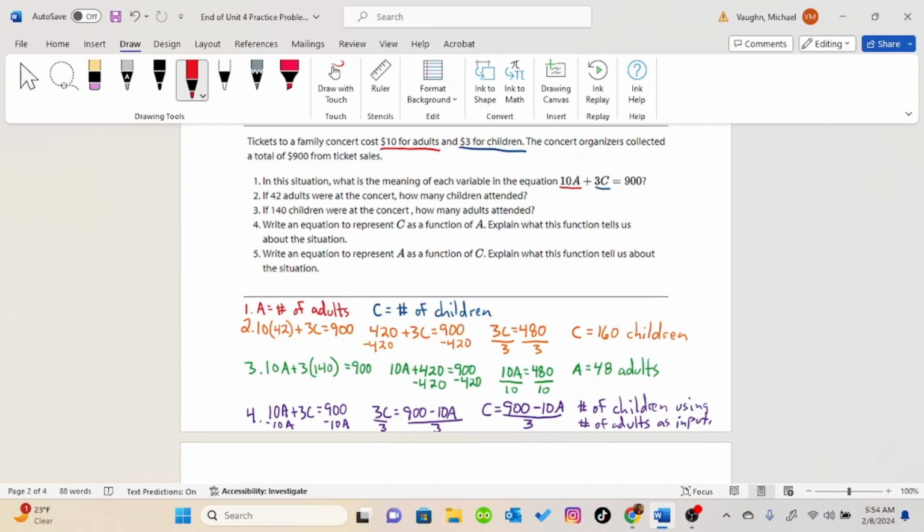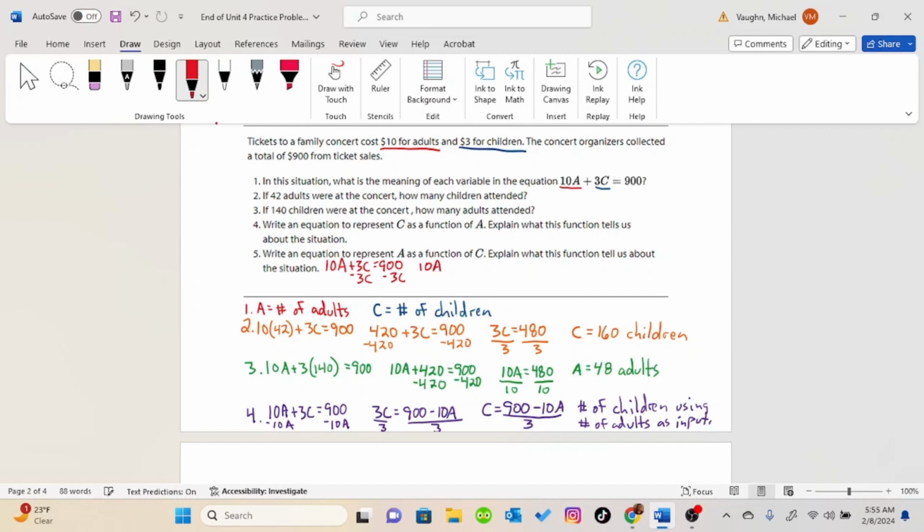And number 5, write an equation to represent a as a function of c. Explain what this function tells us about the situation. So again, we start with 10a plus 3c equals 900. We want the equation to say a equals this time, so we're going to subtract 3c from both sides.